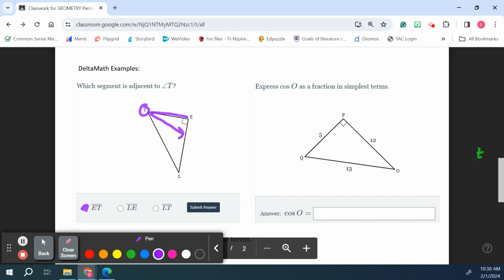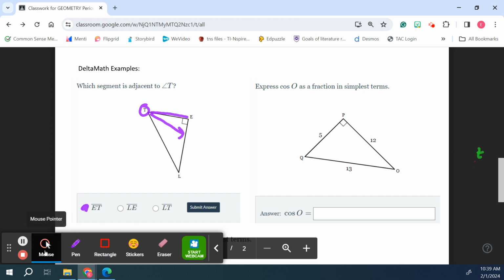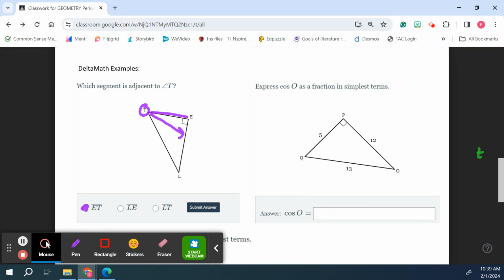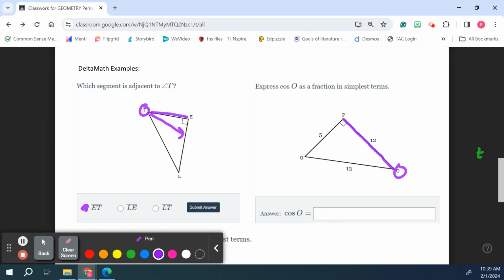All right. Express the cosine of O as a fraction in simplest terms. So we've been dealing a lot with fractions, but we have not had to reduce them yet. You always reduce the fractions though, okay? Do not leave them just as big as possible. All right, so here's O. I'm looking for the cosine, so that means I need my adjacent side and my hypotenuse.